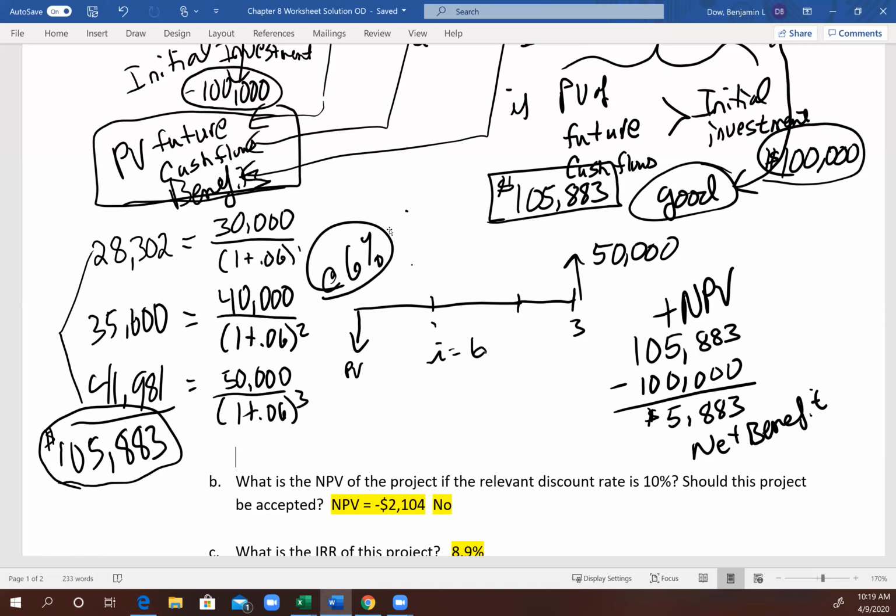Now, knowing how to use your calculator is good, okay? Because like I said before, certain tests that you have to take will require you only to use a calculator. Now, what's the advantage of being at home? You can use your phone app to find NPV.